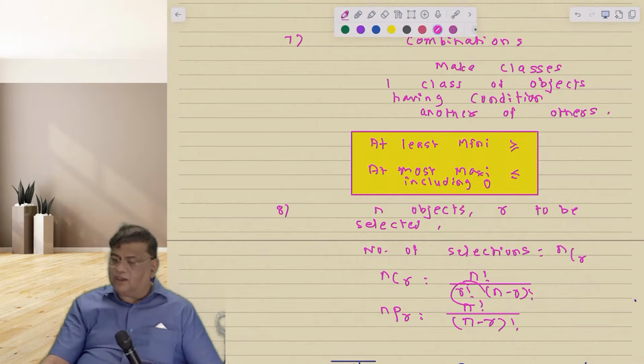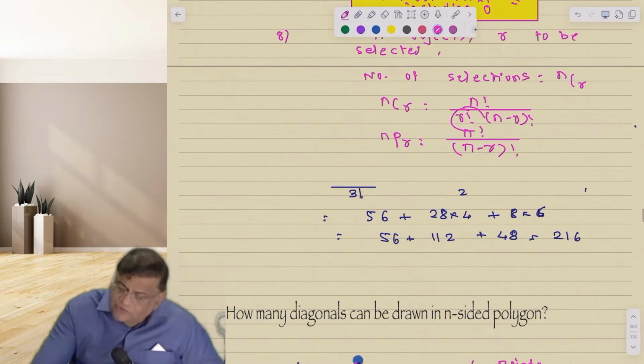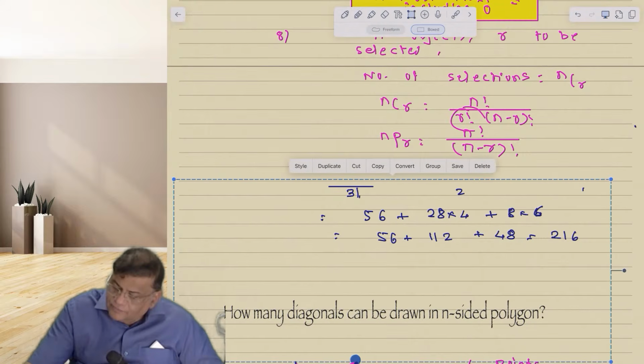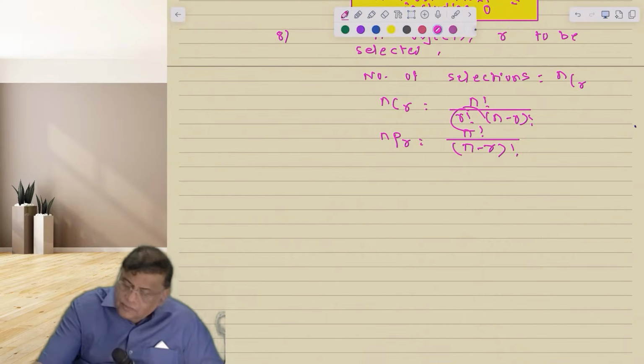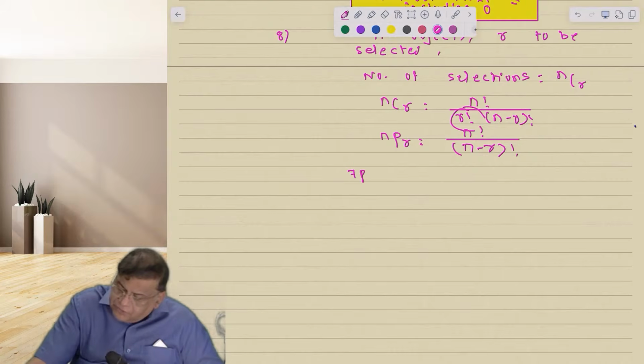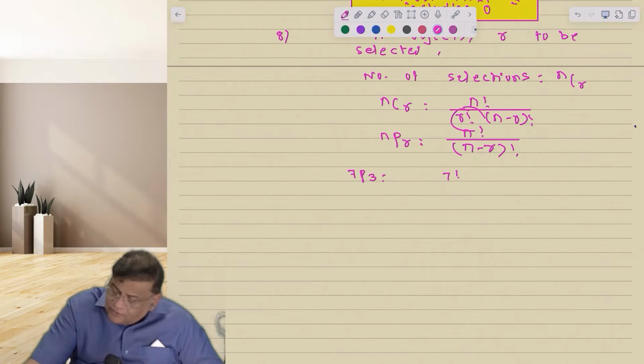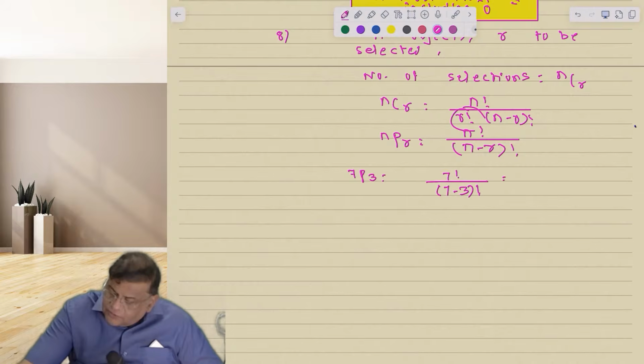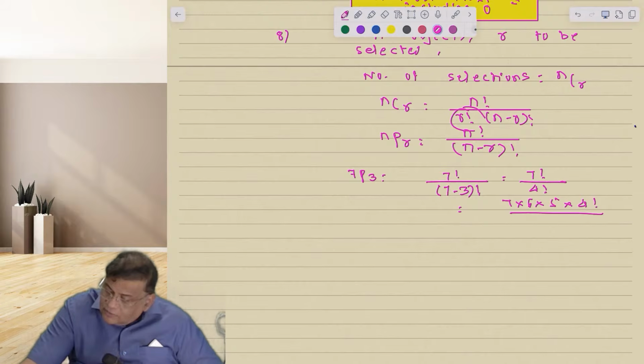तो NCR में एक एक्स्ट्रा r फैक्टोरियल आता है. For example, if I ask you what is 7P3, it is 7 factorial over 7 minus 3 bracket factorial, 7 factorial over 4 factorial, which is equal to 7, 6, 5, 4 factorial, and that divided by 4 factorial will be cut.